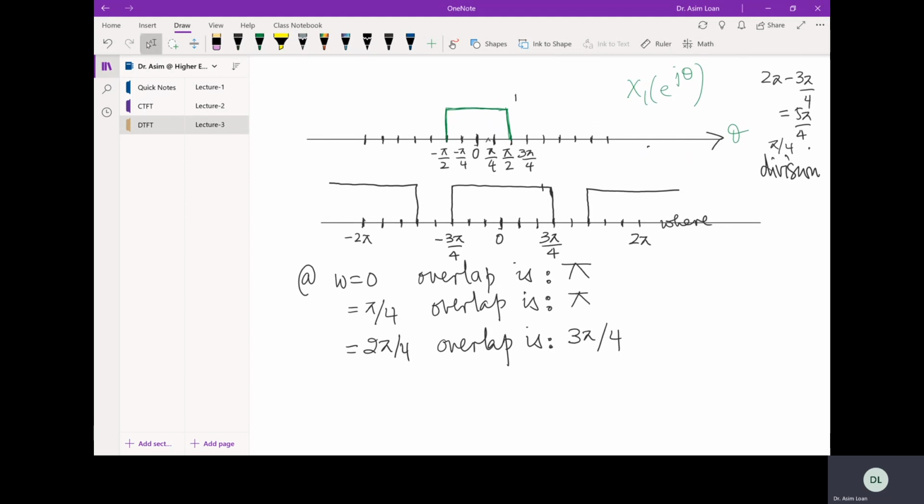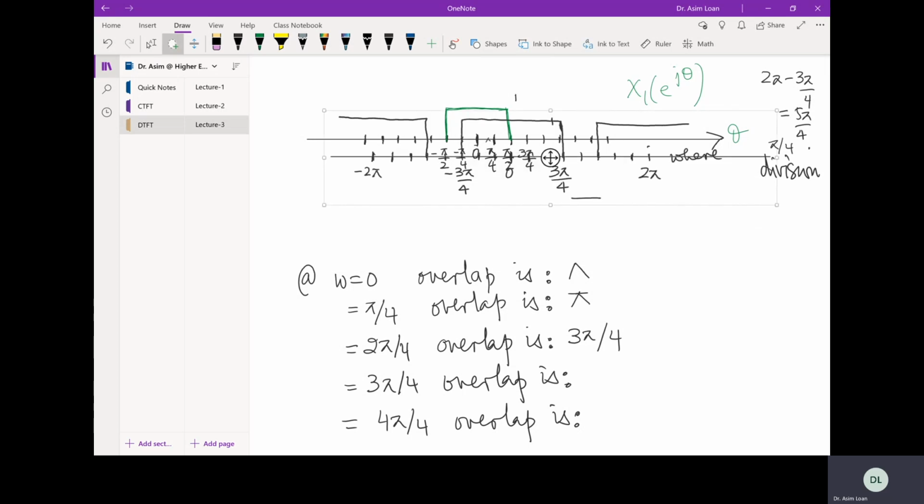Okay, good. If I shift by 3 pi by 4 and finally by 4 pi by 4, which is pi, let's see the overlap. So if I shift this by 3 pi by 4, which means my 0 is now on top of 3 pi by 4.